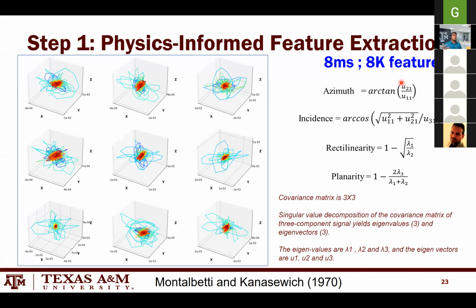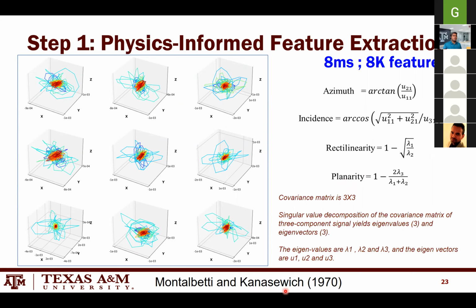So what we ended up doing is we started using some physics-informed features. What I mean by physics-informed features is that these motions have some elliptical nature. They can be enveloped in an ellipsoid. So we can then extract features like azimuth, incidence, rectilinearity, and planarity. I have a paper that I can refer to, for those of you who are interested.